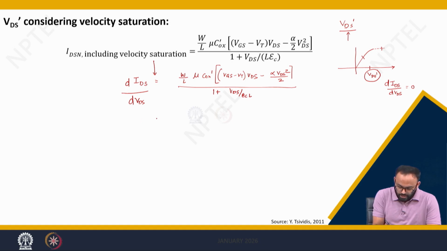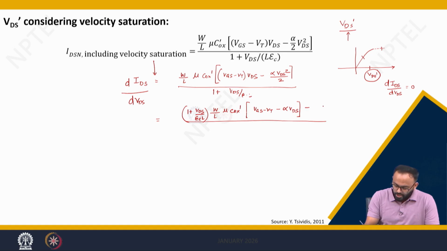So, we are doing the differentiation as: denominator 1 plus Vds divided by Ec into L, into the differentiation of the numerator, W divided by L mu into Cox dash into Vgs minus Vt minus alpha into Vds, minus the numerator W divided by L into mu into Cox dash, Vgs minus Vt into Vds minus alpha Vds square divided by 2, multiplied with the differentiation of the denominator, which will give you 1 over Ec into L, and obviously 1 plus Vds divided by Ec into L whole square.